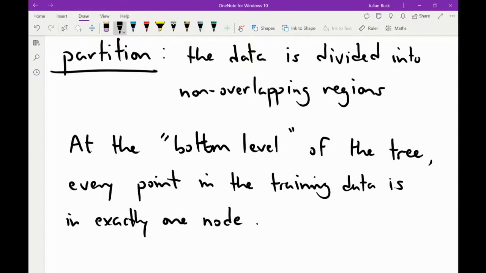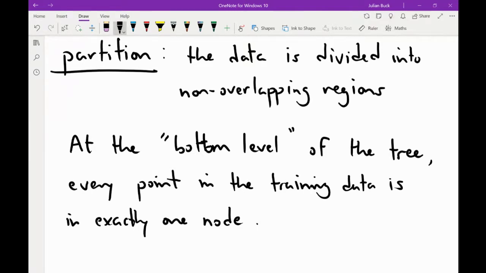Any point in the training data will be in exactly one of them, because every point has answers to these yes or no questions, and it can't have 2 different answers to a yes or no question, so it can't go down 2 different branches. As we'll see, it's possible at the bottom that some of the nodes don't have any training data in them. They can be empty if no training data fits that description. But the actual data itself, every point moves down the tree to one position at the end.